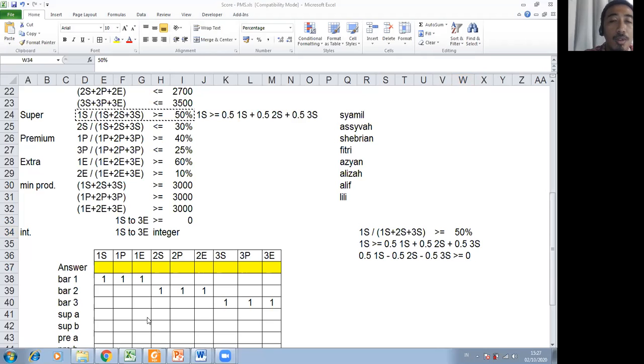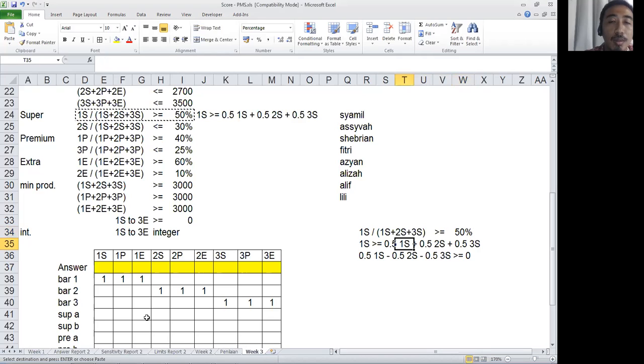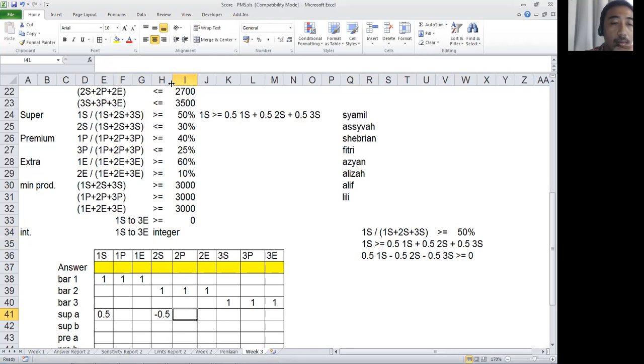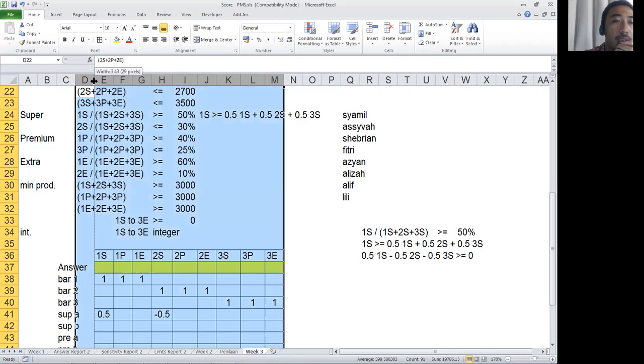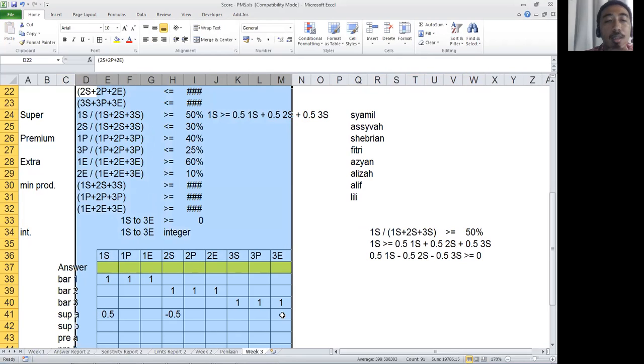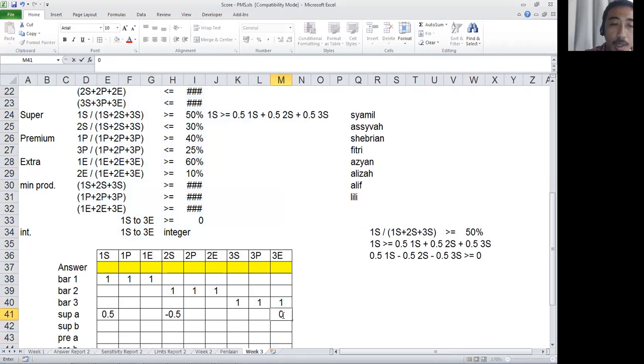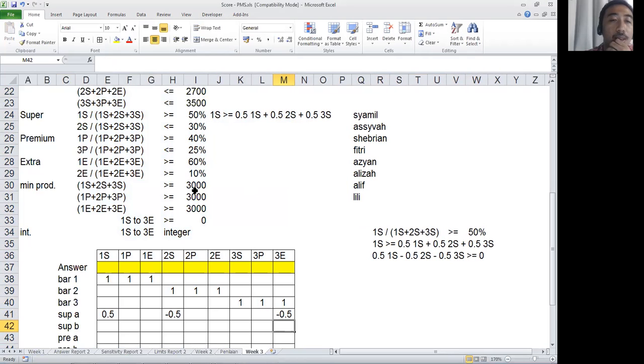It means what you need to put here is that the 1S parameter is 0.5, the 2S parameter is minus 0.5, and the 3S parameter is minus 0.5. Okay, can you still follow this?